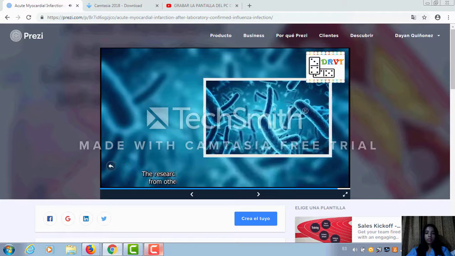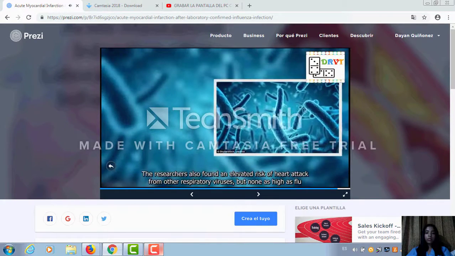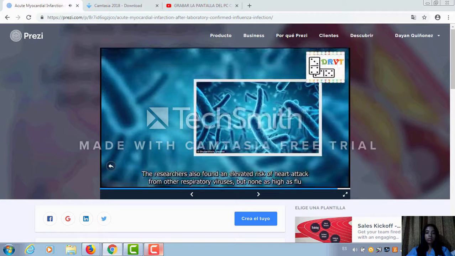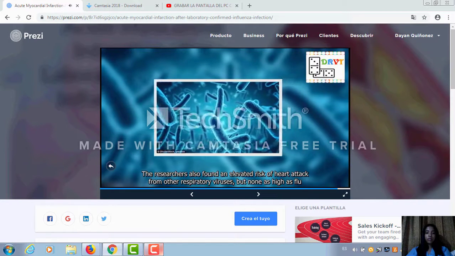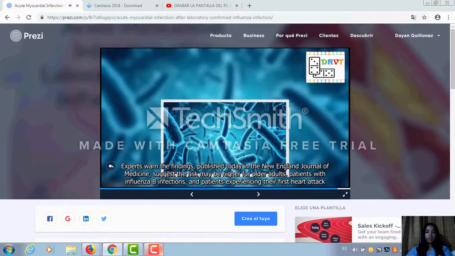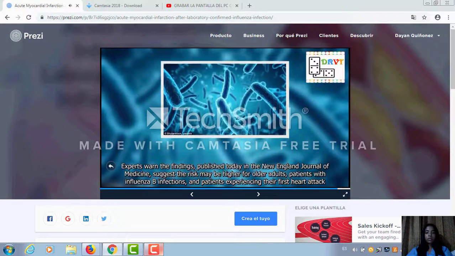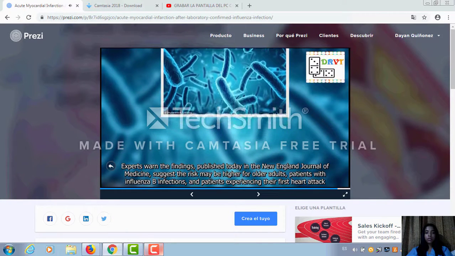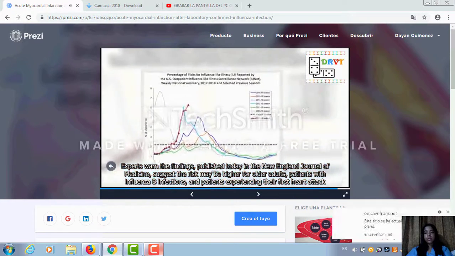The researchers also found an elevated risk of heart attack from other respiratory viruses, but none as high as flu. Experts warn the findings, published today in the New England Journal of Medicine, suggest the risk may be higher for older adults, patients with influenza B infections, and patients experiencing their first heart attack.